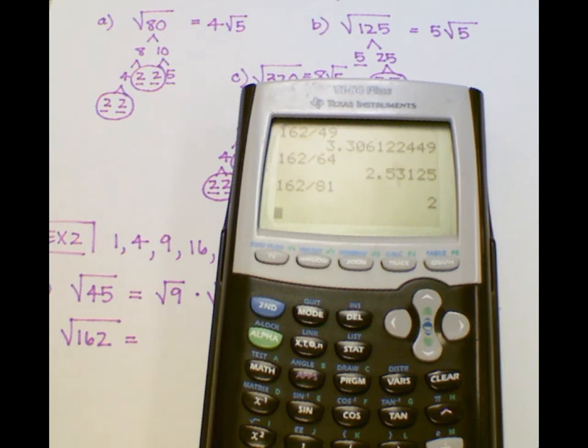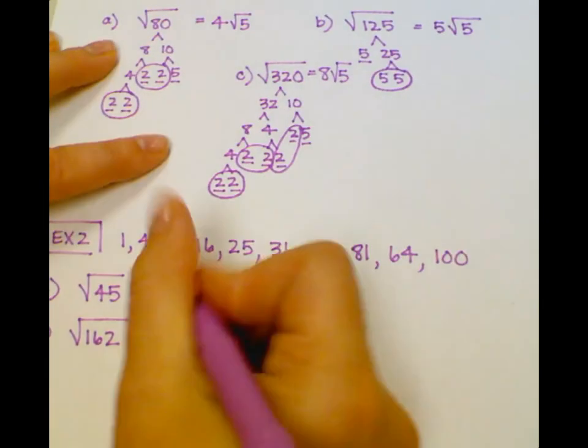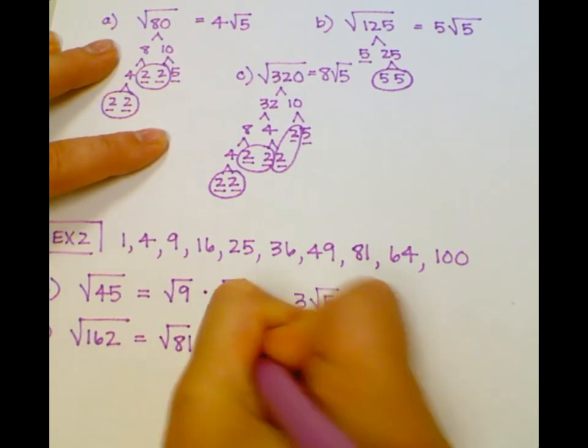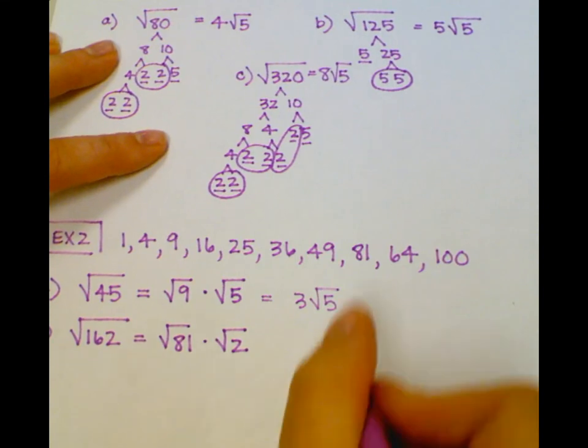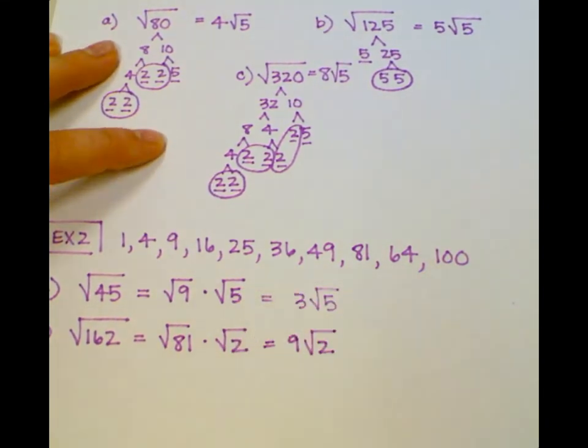See, that's why I think the perfect square method sucks a little bit more because you have to check all of them. It has to be the biggest perfect square. So 9 did go into 162, but 81 is bigger. So we have the square root of 81 times the square root of 2. Okay, well, what's the square root of 81? 9. And then you have the square root of 2 left in.